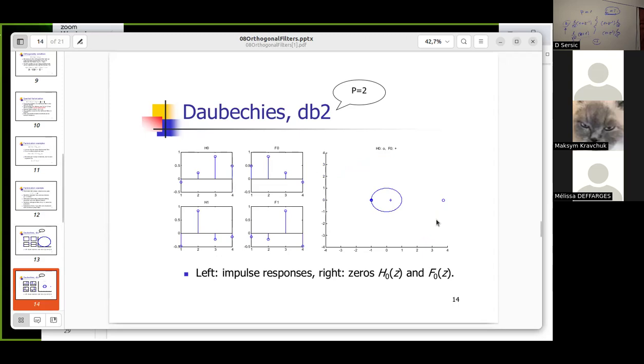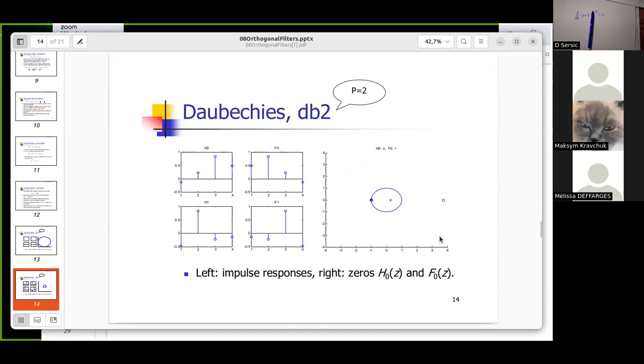If P equals 2, then we have the power of 4. So our filter was 1 over 16 to the power of 4. And here we had something, I forgot the numbers.